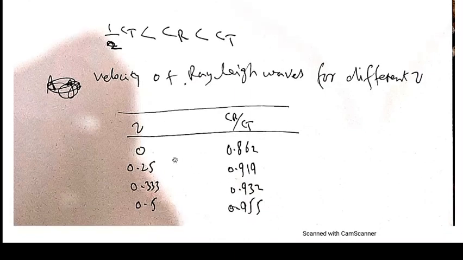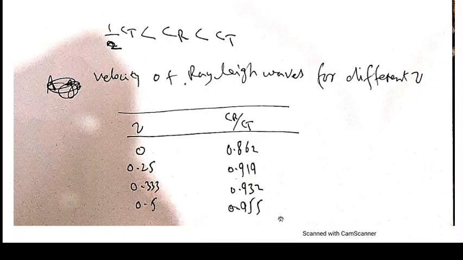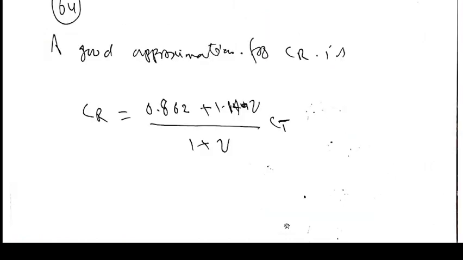For 0 we have this value, for this we have this. That means when we have 0.5, then we have 0.955. So you can see that Cr by Ct lies between 1 by 2 and 1. Now there is a good approximation.